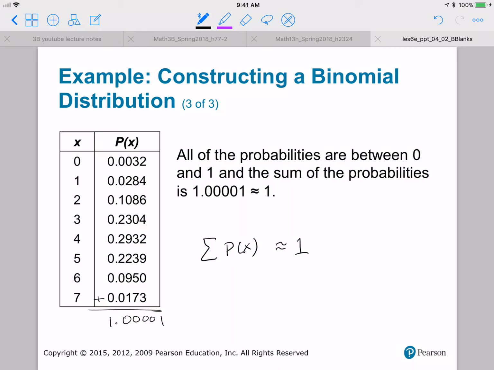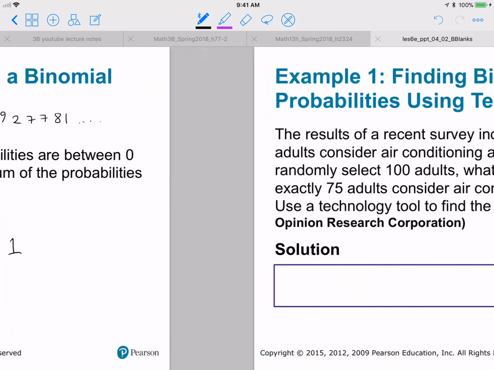So for instance, we rounded a little bit for this value here. You actually, on your calculator, will get 0.00319277881, right? And it's even, dot, dot, dot. So when you're rounding, then you introduce error.